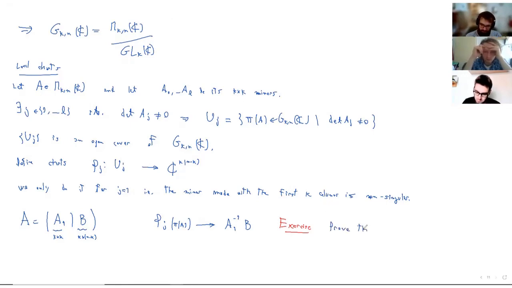Prove that phi 1 is well defined. Again, you should see the idea, I think, already in your head. Maybe to actually give the proof, you want to look at it a bit more and perhaps write one line.